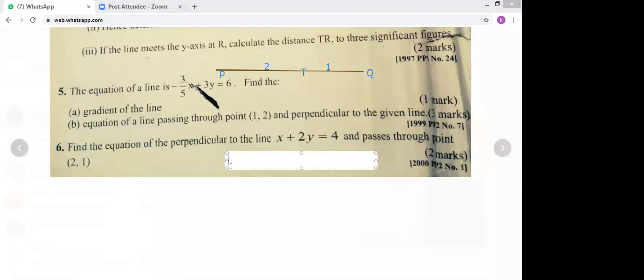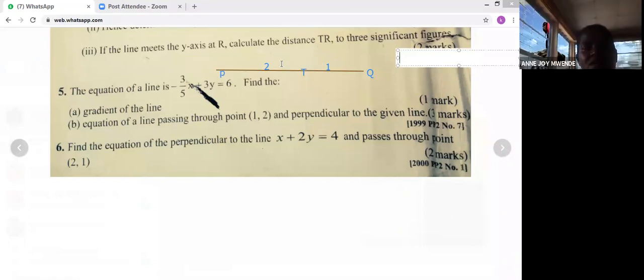When you have a Cartesian plane, I cannot combine this one with the drawings. Okay, let's continue.